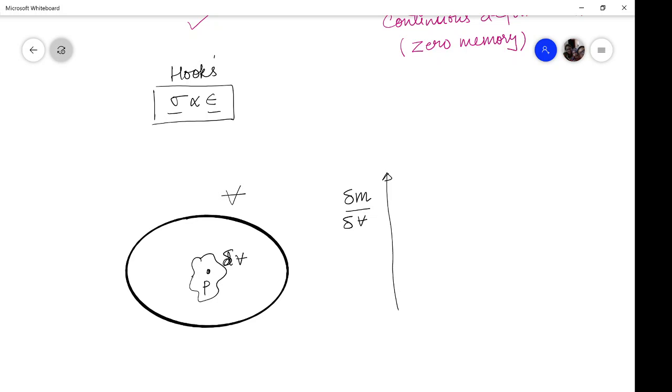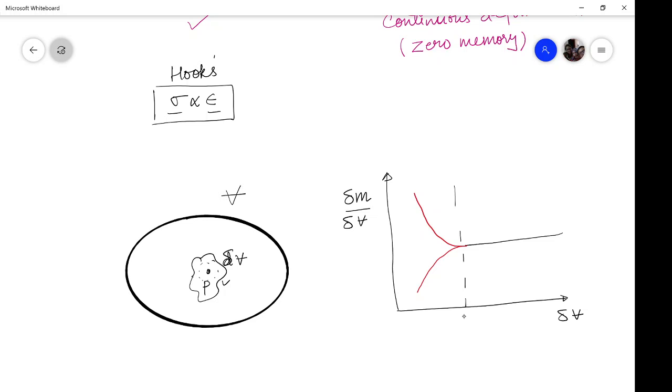If you plot this against the volume itself and you shrink this volume to a lower value, you will see that up to a certain point you are not getting any disturbance. That means density is more or less constant. But after this point, you will get a sudden drop or a sudden shoot in the density.